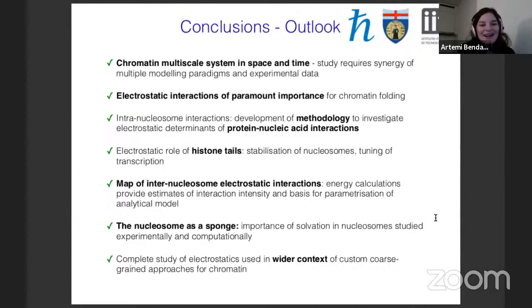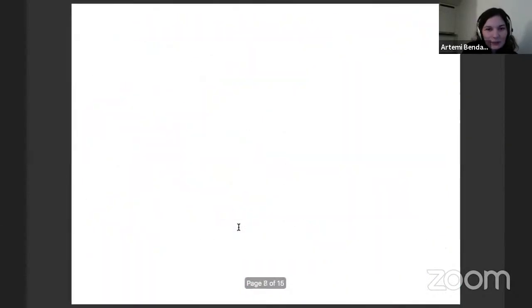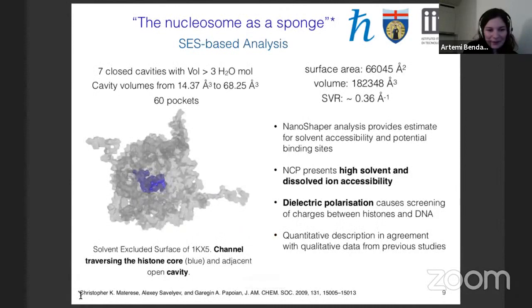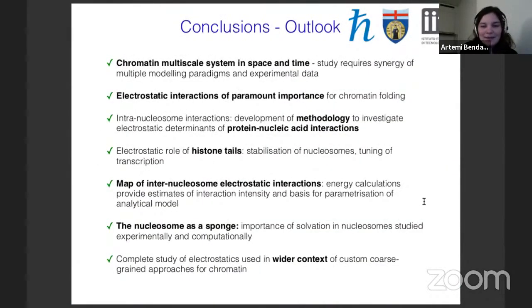So I really like this sentence: the nucleosome is a sponge. It is from a paper that I have cited here, which is great, and it's a very nice paper. So we saw that the nucleosome is basically a sponge.